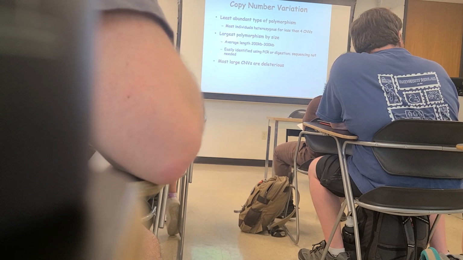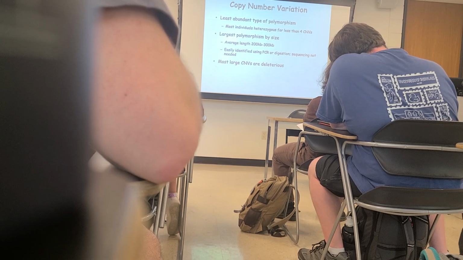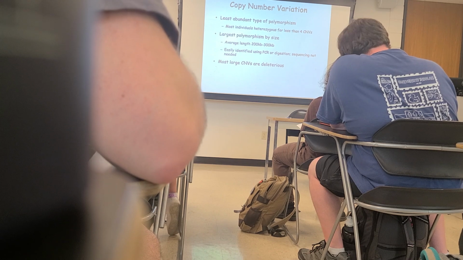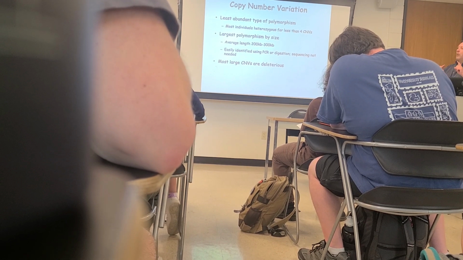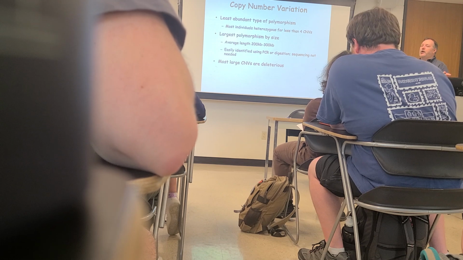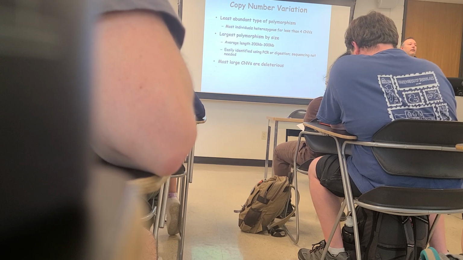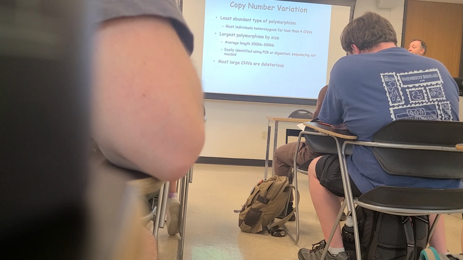Because there's lots of changes, and these changes typically have some really deleterious effects. The size is not important, but compare one nucleotide to 300,000. It's a pretty big difference, right? Of how many pieces of DNA or how much DNA is affected.